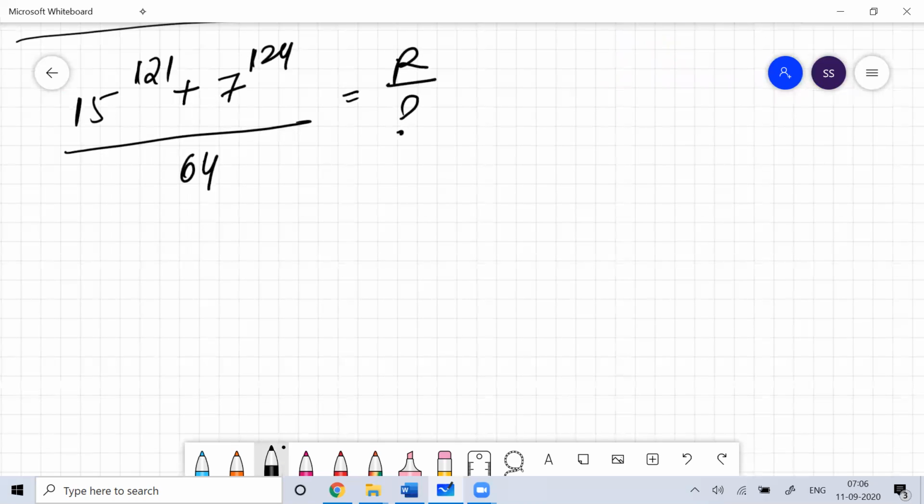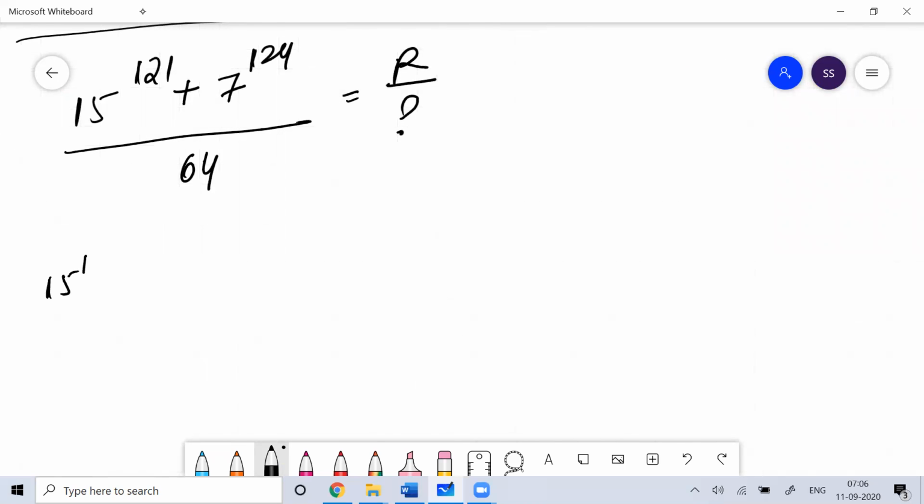I can try manually one by one. 15 to the power 1 is 15, and if you divide by 64, the remainder is 15 only. 15 to the power 2 is 225.